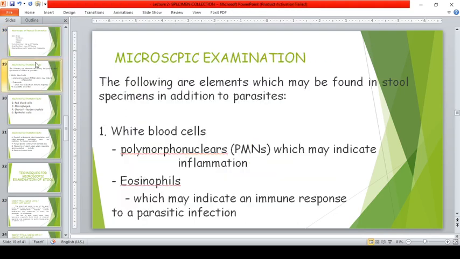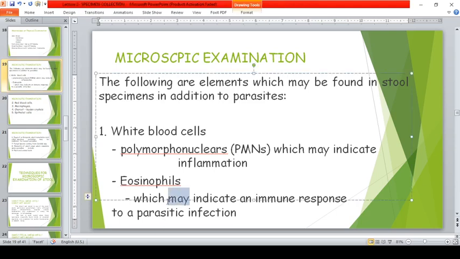So the following are elements which may be found in stool specimen in addition to parasites. White blood cells may indicate the presence of inflammation. Eosinophils may indicate an immune response to parasitic infection.